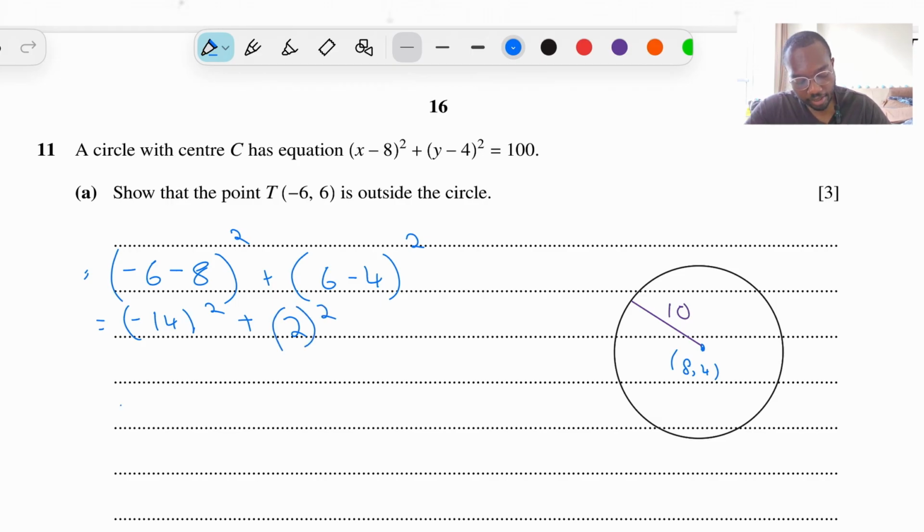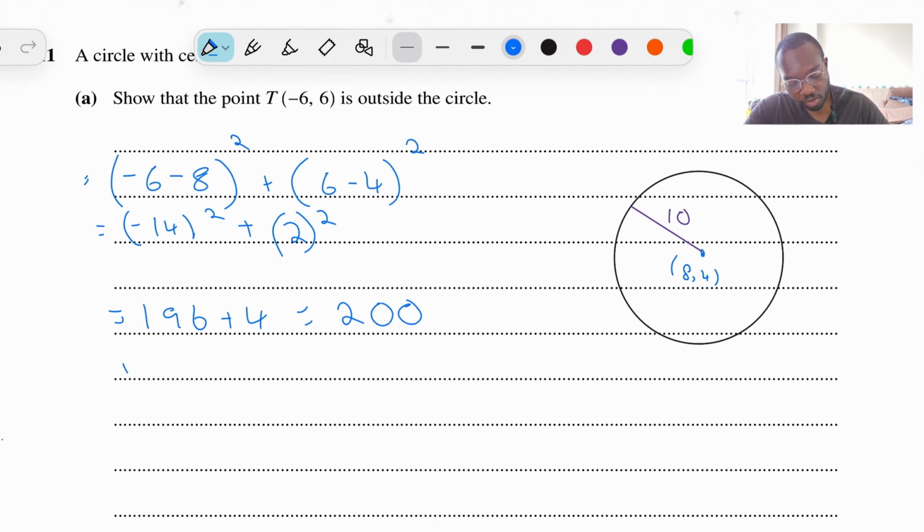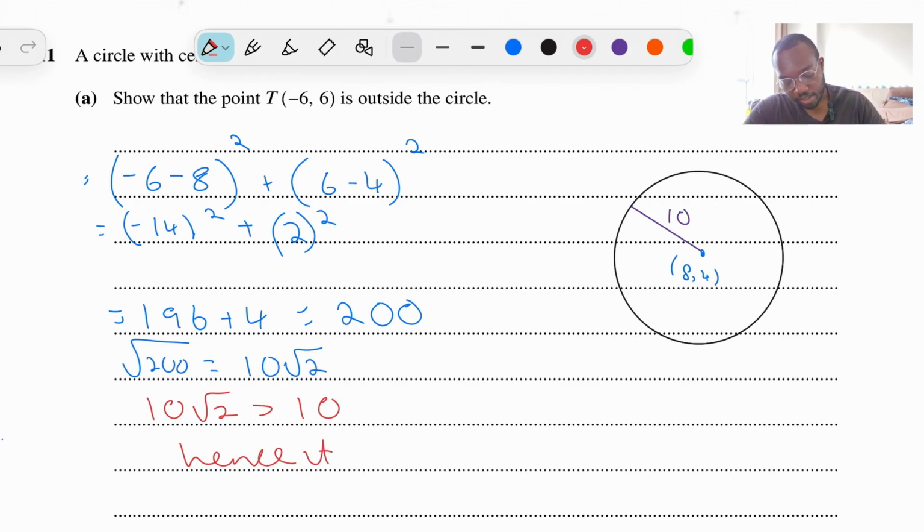And that is a 196 plus 4, which is a 200. And the square root of 200, if we write this in surd form, will be 10 root 2. Because 10 root 2 is greater than the radius of 10, hence it is outside the circle. You can write something like this, hence outside the circle, and yeah, we're done.